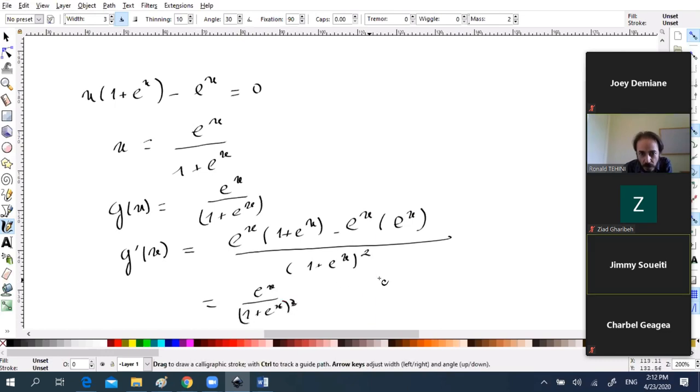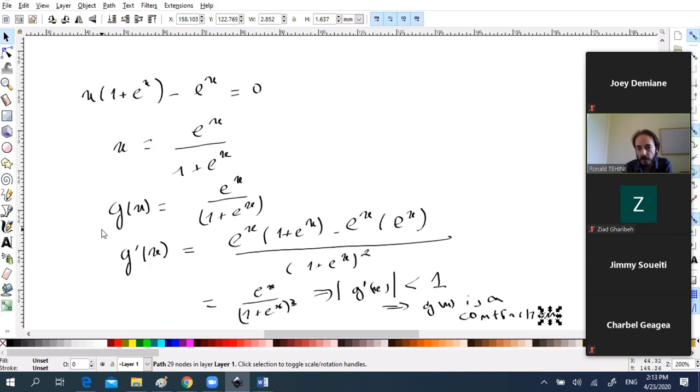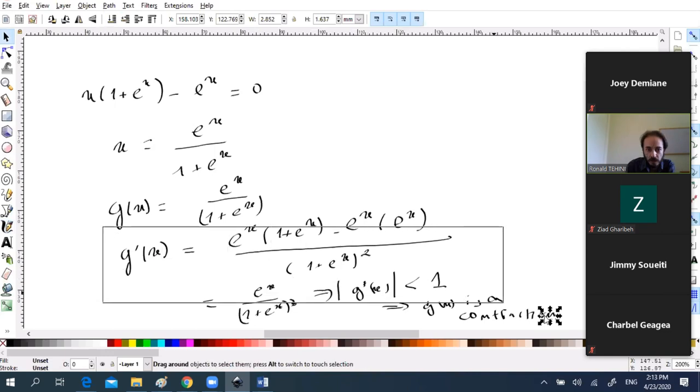Now you see that this is in absolute value inferior to 1. So g of x is a contraction, and this is verified here. So now we have to test the inclusion.